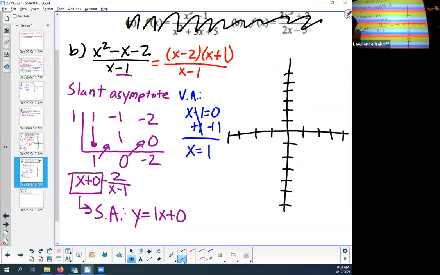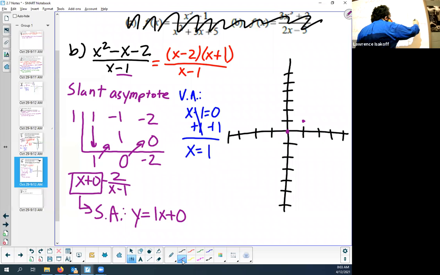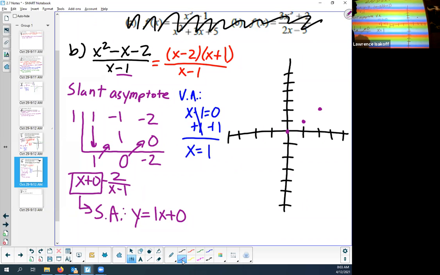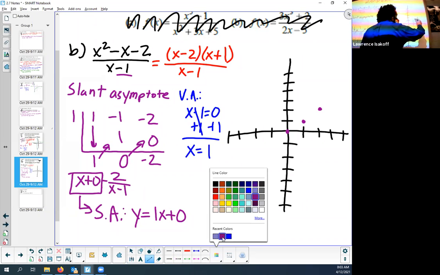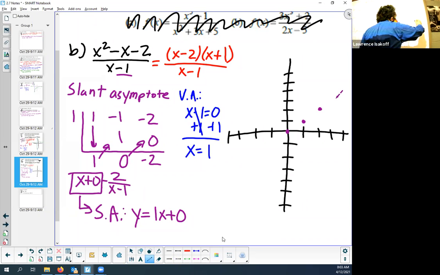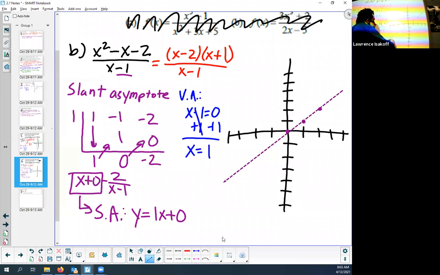Actually, let's put the points down first. So my y-intercept 0, that tells me to go up 1 over 1. I'm going to put 2 more points there following that slope, just to give me better bearings. But this is really just graphing the equation of the line here. So there we go. That's pretty good. That is my slant asymptote.